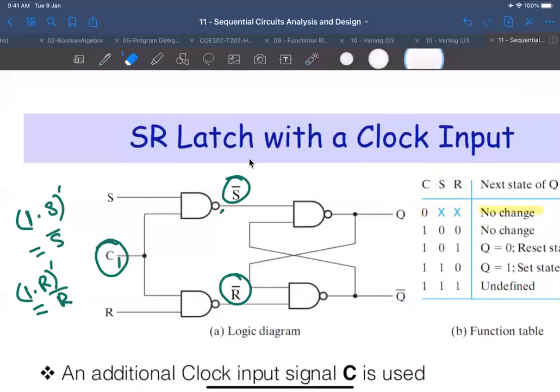When S is 1, it is active, and when R is 1, it's active. So here we have 0, 1 for S and R, this is a reset, and 1, 0 is a set, and 0, 0 is a no change. You get that?